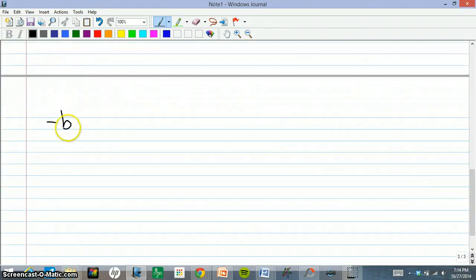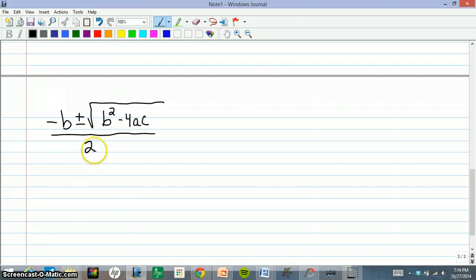And to remind ourselves, it's the opposite of b plus or minus the square root of b squared minus 4 times a times c, all divided by 2a. Alright, our b value is negative 3, so the opposite of negative 3 is positive 3, plus or minus, once again, our b value is negative 3.